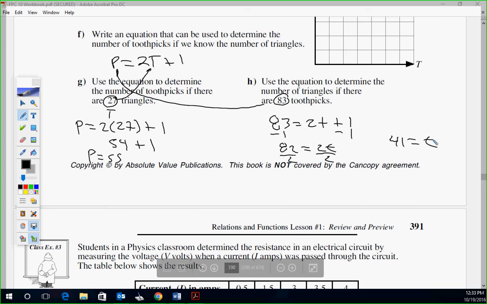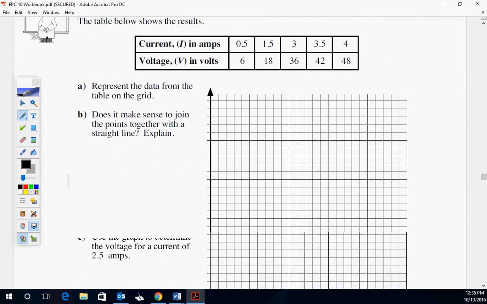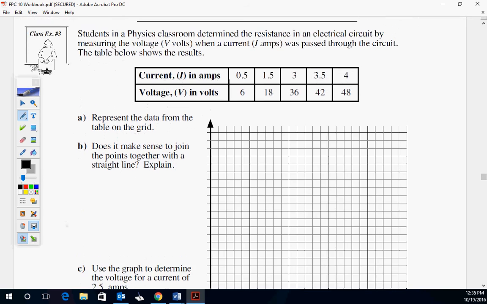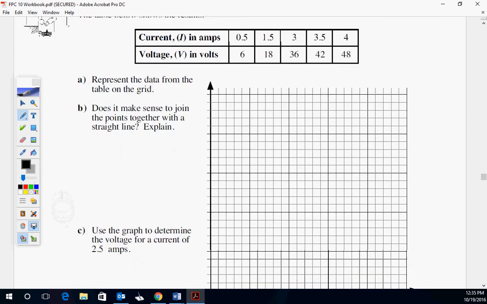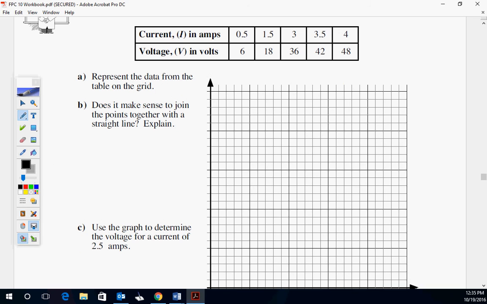So I have 2 more examples. Okay, so I'm going to have to read the top because I need the whole grid here.